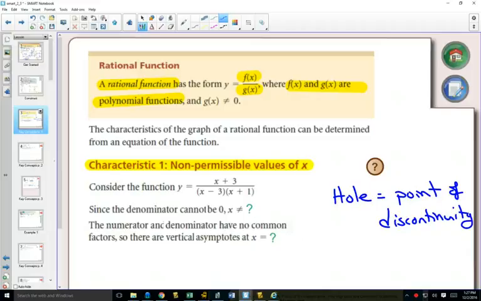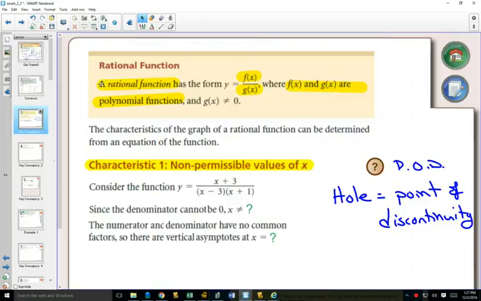You could continue to call it a point of discontinuity, or maybe we could call it a POD. There we go. Point of discontinuity, because that's shorter than hole. Okay, so whenever we have non-permissible values, we could have either vertical asymptotes or points of discontinuity.